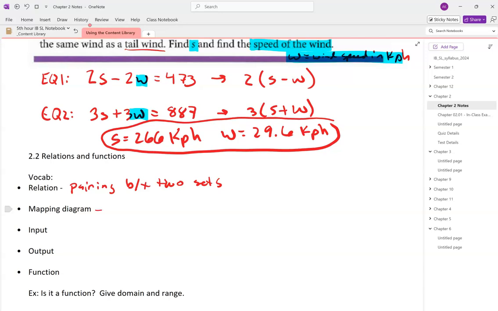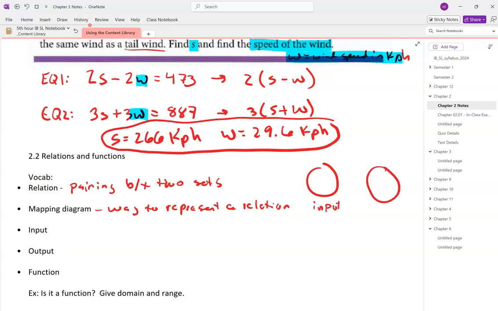A mapping diagram is a way to represent a relation. So usually when we draw a mapping diagram, we do something like this.